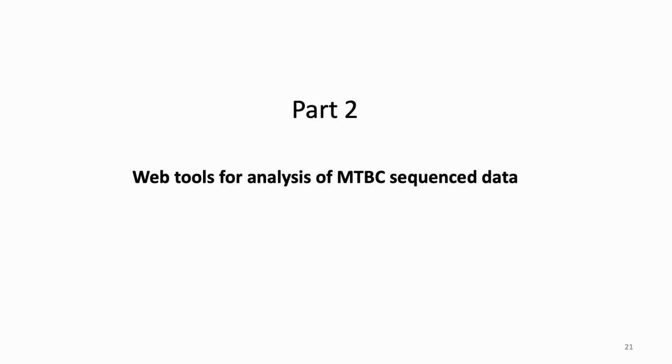So in the next part of this presentation, we will review some web tools and software designed for the analysis of Mycobacterium tuberculosis sequence data. By using these tools, you will have information on the drug resistance pattern and the lineage information of the sample that you have sequenced.